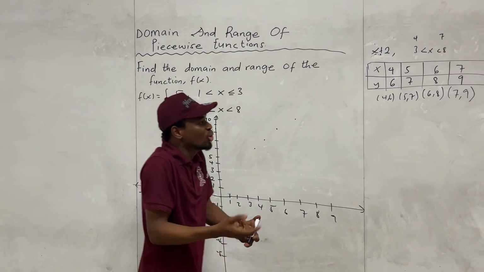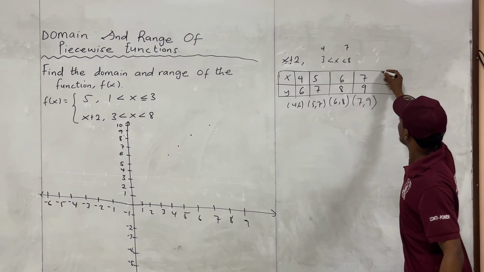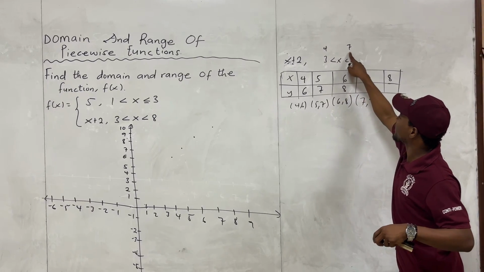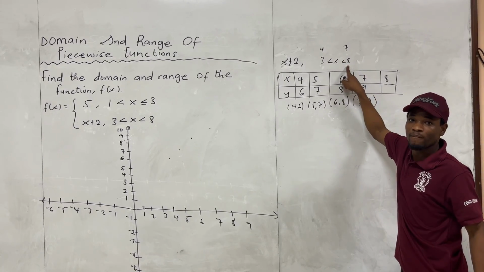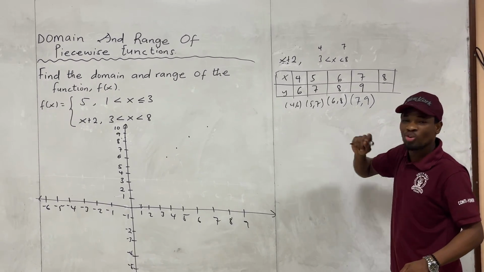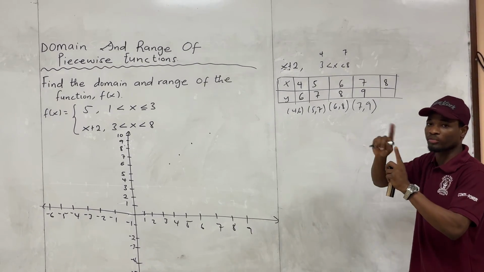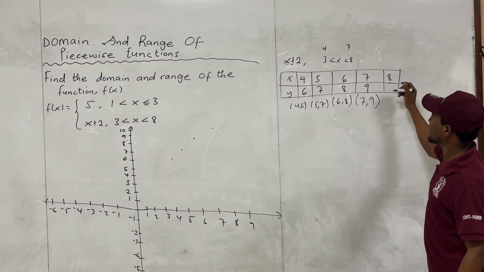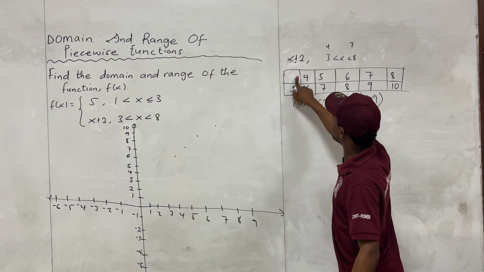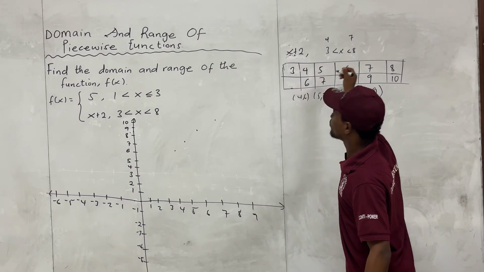So I can even include 8, though it's supposed to be less than 8, right? You can even go to 8, then I'll teach you how to go about it. Let's consider 8. I want us to look out for something. If here is 8, then we have 10.